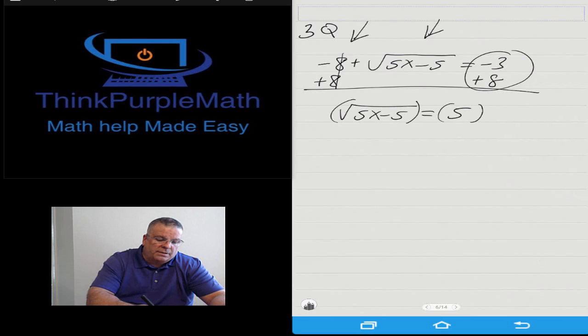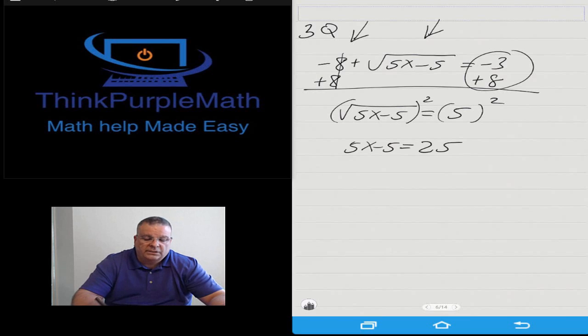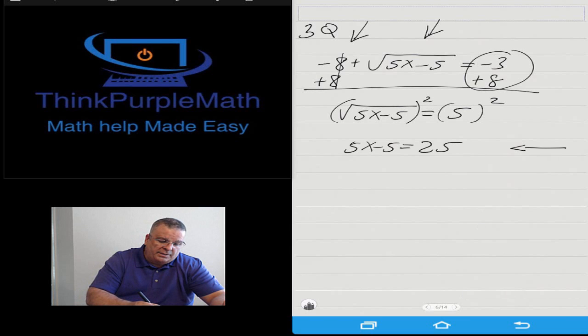Now we can square both sides. 5x minus 5 is equal to 25. And now we're at a 2-step equation. We're going to apply inverse operations, and hopefully we don't come up with a fraction. In this case, 5x is equal to 30.